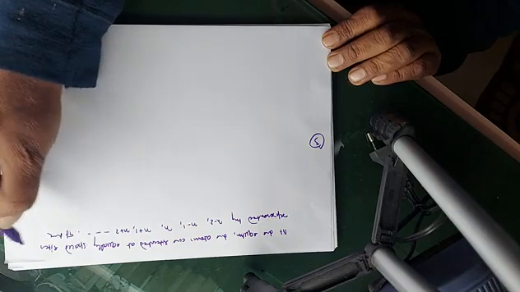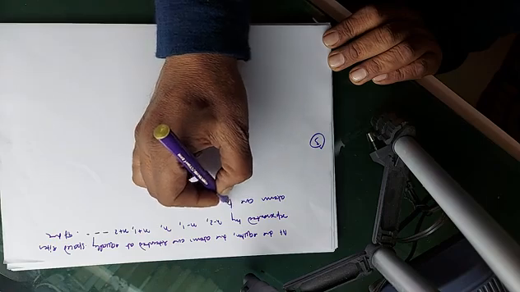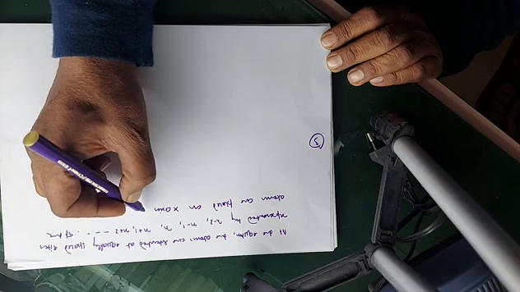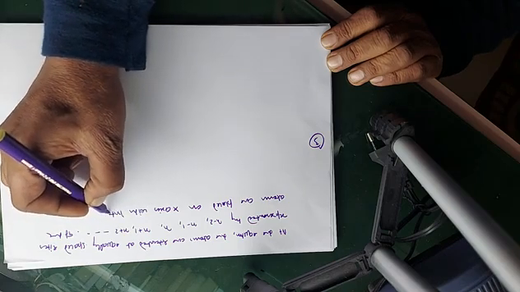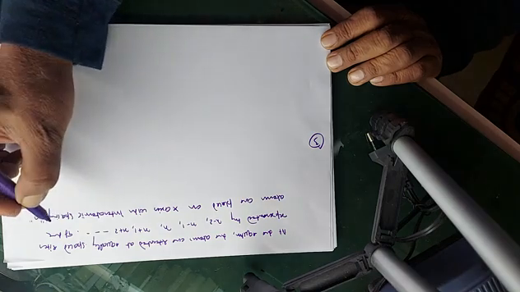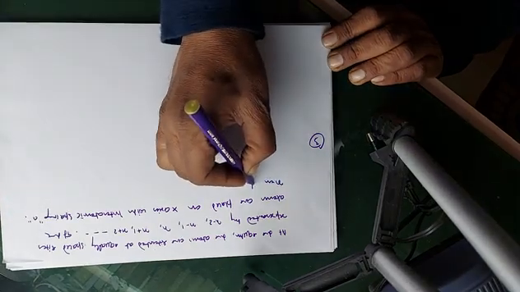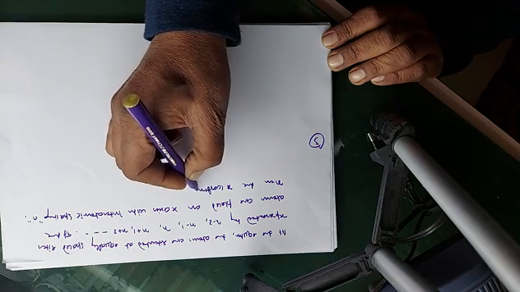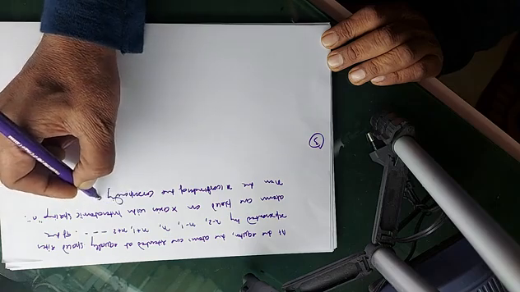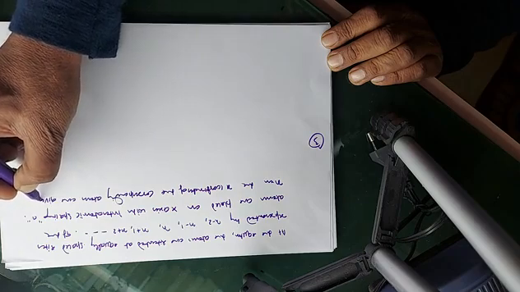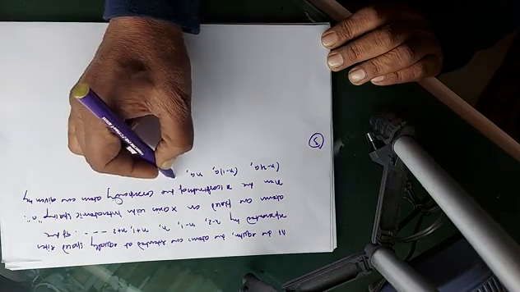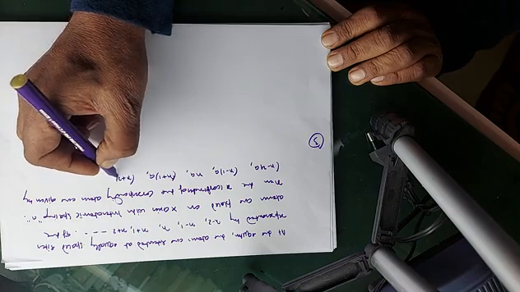If the atoms are placed on x-axis with interatomic spacing a, then the x coordinates of the corresponding atoms are given by n minus 2 a, n minus 1 a, na, n plus 1 a, n plus 2 a, and so on.